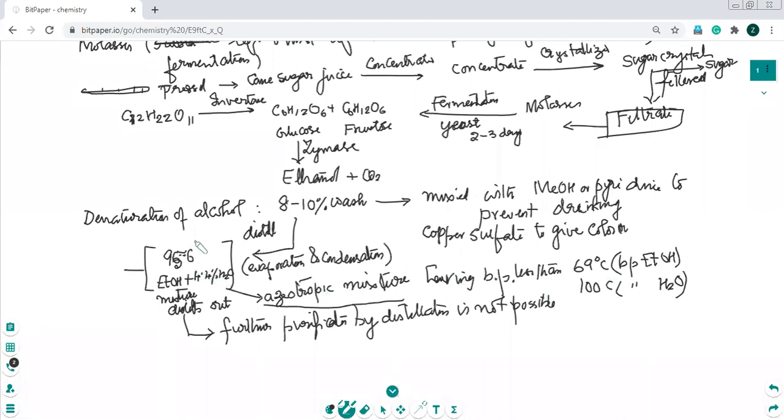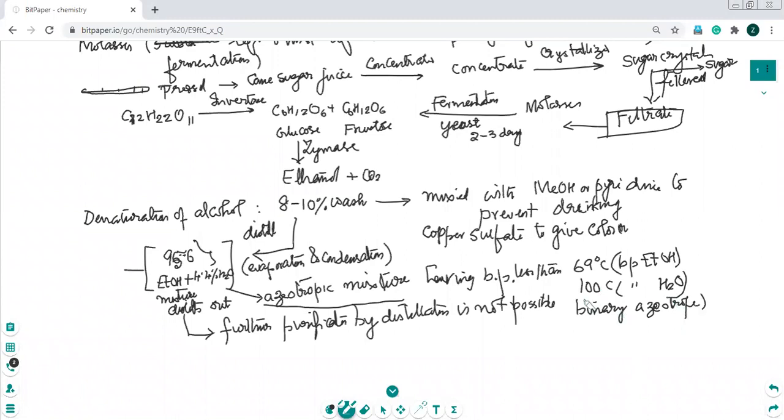Remember, this composition is constant. The boiling point will be lower than any of the components. This is a binary mixture, a binary azeotrope. So you know the meaning of the word azeotrope now.